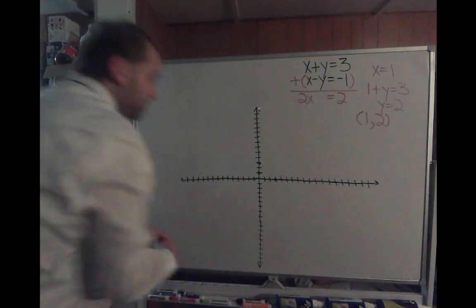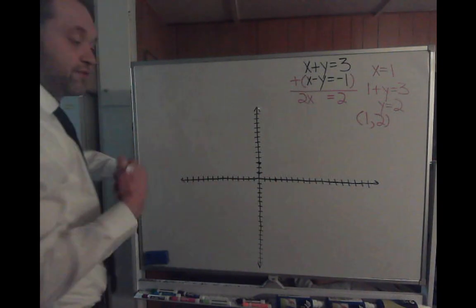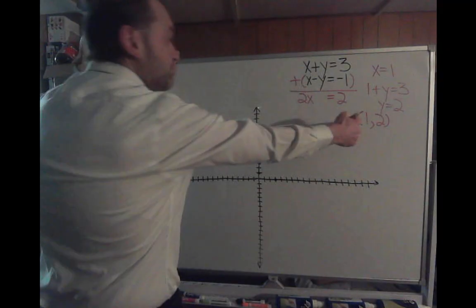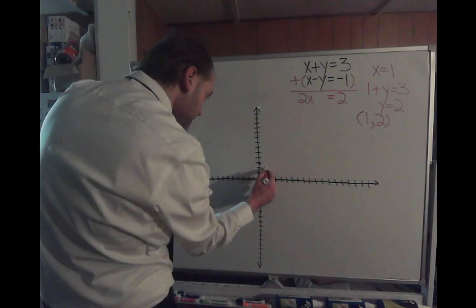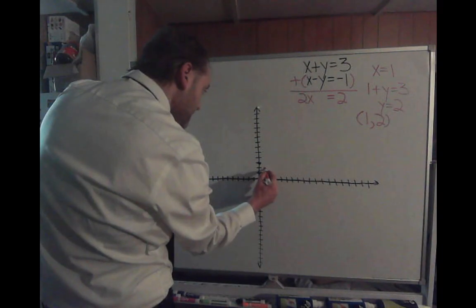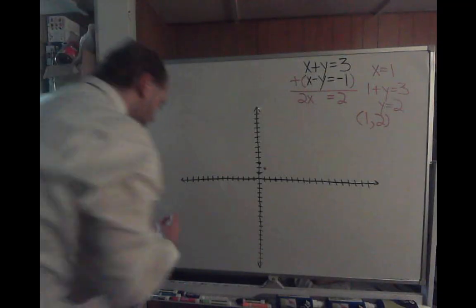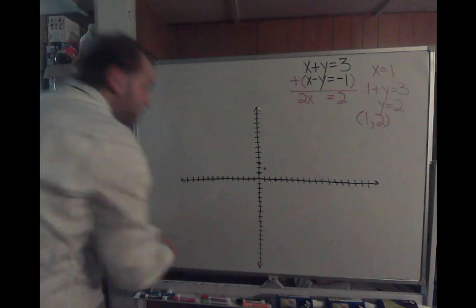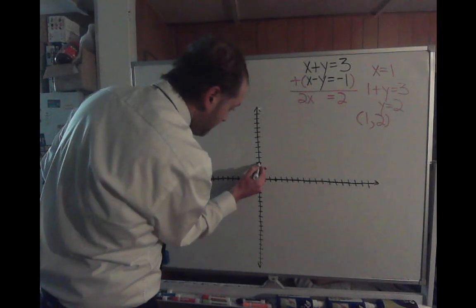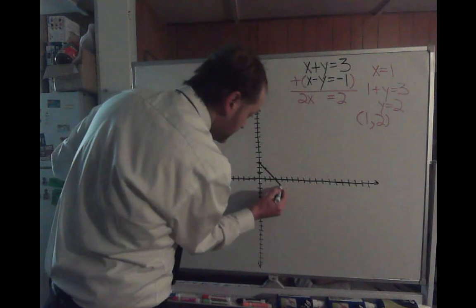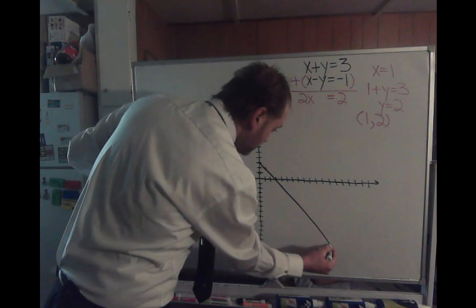And then, once you've plotted all your points for your lines, plot your point for the point of intersection, which would be at (1, 2), right there. Then you just draw your lines through them. So I'm first going to draw x plus y equals 3, which would cut right through there like so.